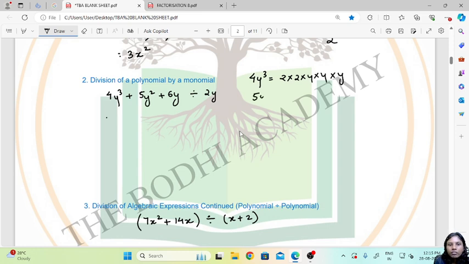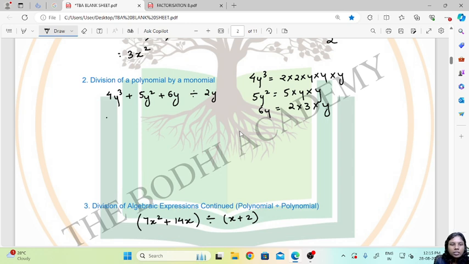Then 5y square, you can write as it is, 5 into y into y, and 6y equals 2 into 3 into y. Now we write down these terms individually. This is one method. Then you write down all of these terms and then divide.